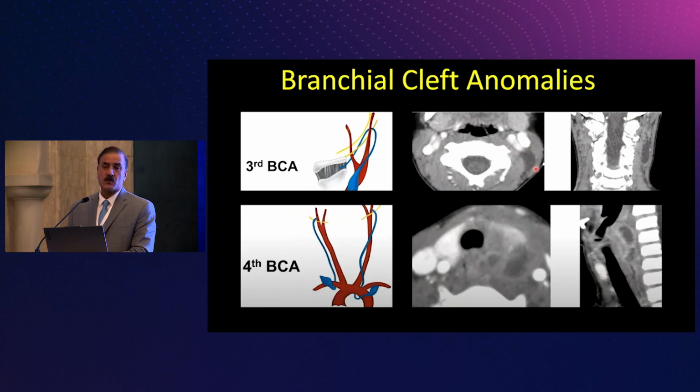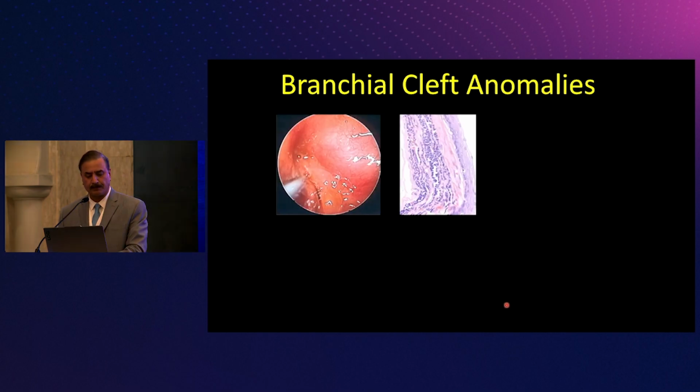If it is superior in the neck, it is a type 3 branchial cleft cyst, because that follows the superior laryngeal nerve. And if it is at the level of the thyroid gland, more inferiorly in the neck, that has to be a fourth branchial cleft cyst. So even though the pathologists or the surgeons will call it a branchial cleft cyst, they will not know whether this is third or fourth, but we can help them depending upon where we see that cyst in the neck.